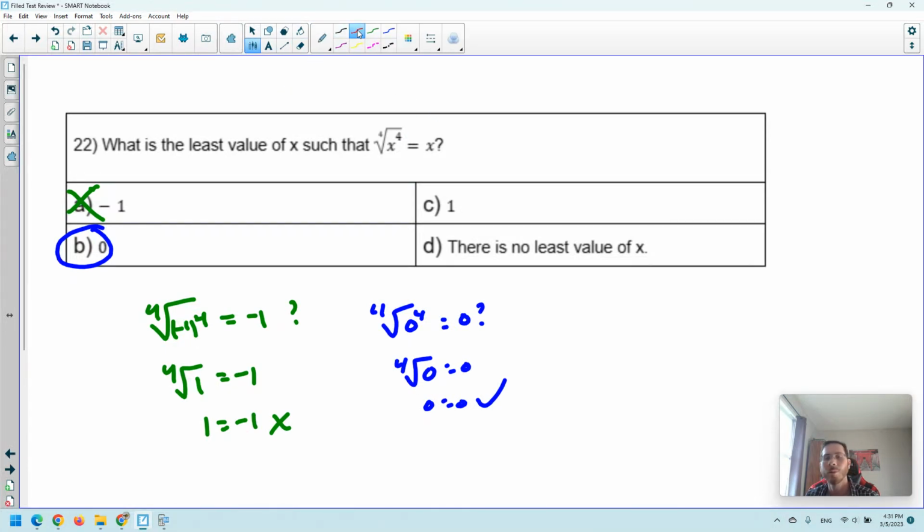How is the equation intended to be done? Well, you're intended to think like, okay, if I have a fourth root here, a fourth root is always going to be positive for normal numbers.